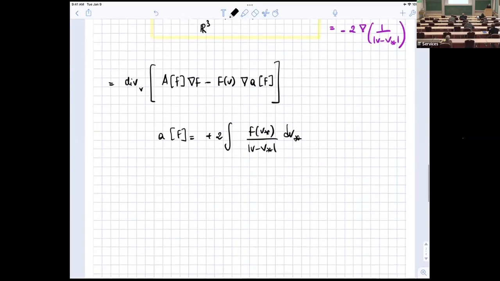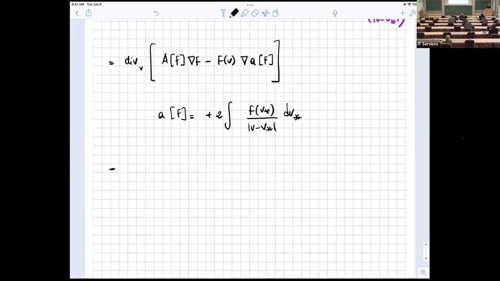The reaction term can be more easily understood if we further rewrite this equation in non-divergence form.